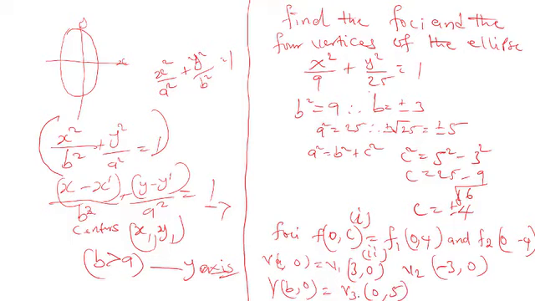So if V3 is (0, 5), the next one will be (0, -5), because the distance from each vertex to the center of the ellipse is usually equal. So the four vertices are V1 (3, 0), V2 (-3, 0), V3 (0, 5), then V4 (0, -5).